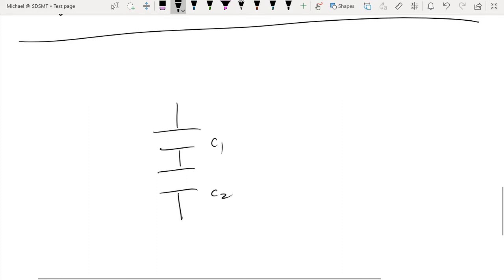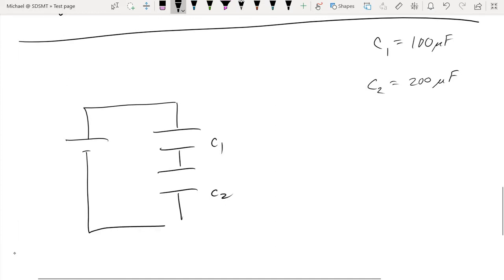I want to give these different values just so we can distinguish between the two. We'll let capacitor 1 be 100 microcoulombs, capacitor 2 can be 200, and we're going to connect them to a battery of, we'll say, 30 volts.